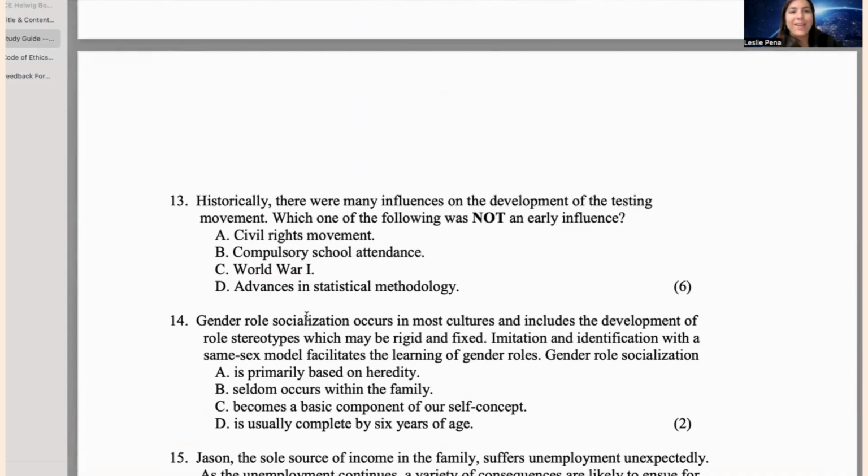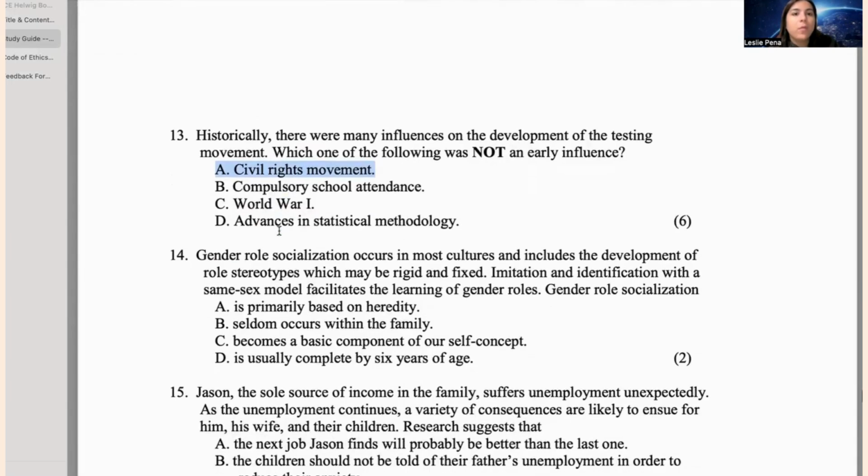Next, 13. Historically, there were many influences on the development of the testing movement. Which of the following is not an early influence? The civil rights movement did not make people want to go test.